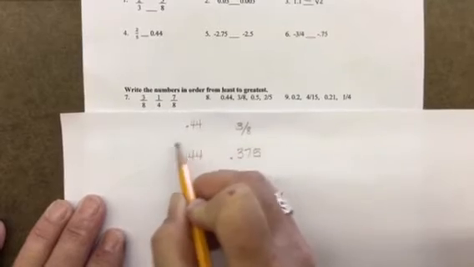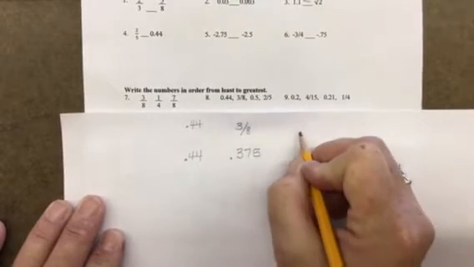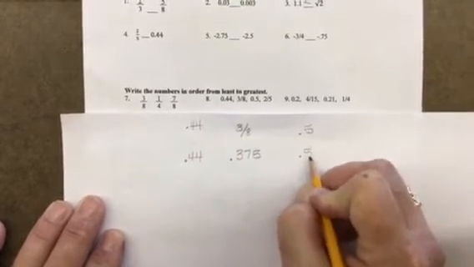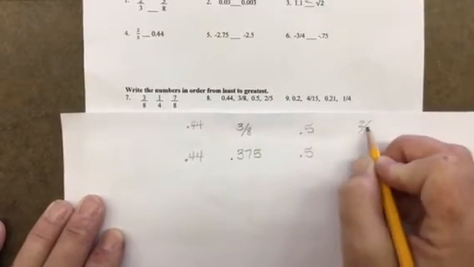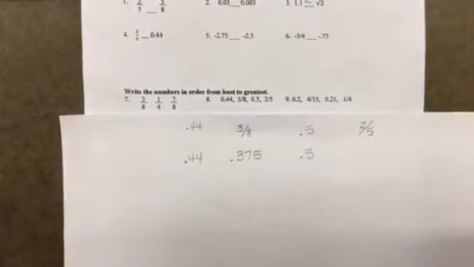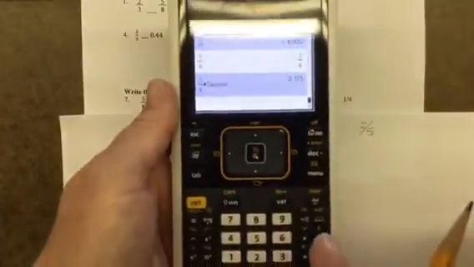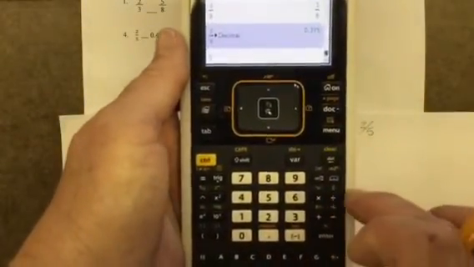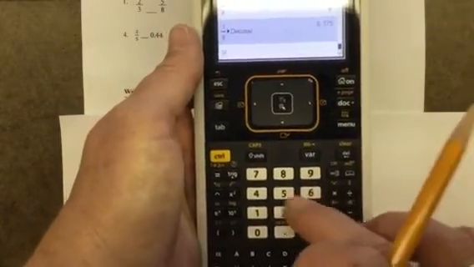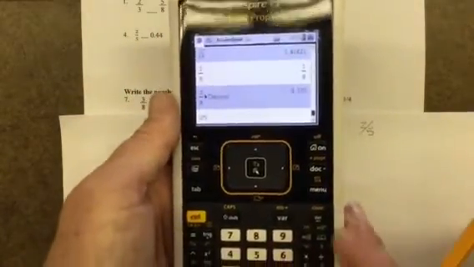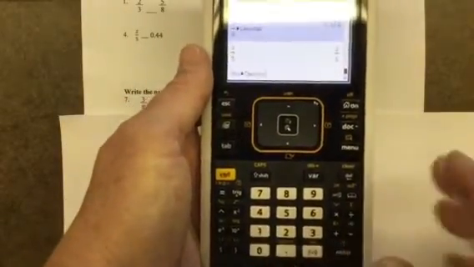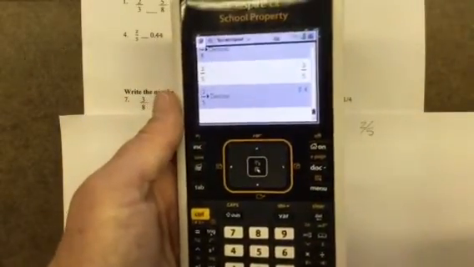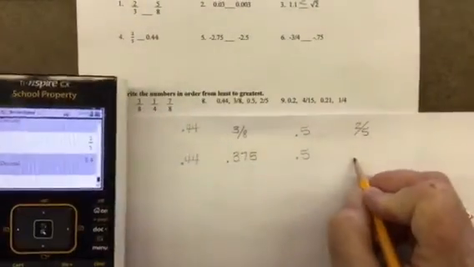What I like to do is give the numbers that were given the decimal conversion, I just carry it down so it's easier to compare. And then 2/5. 2 divided by 5, and then enter, menu 2 1, which is 4/10.